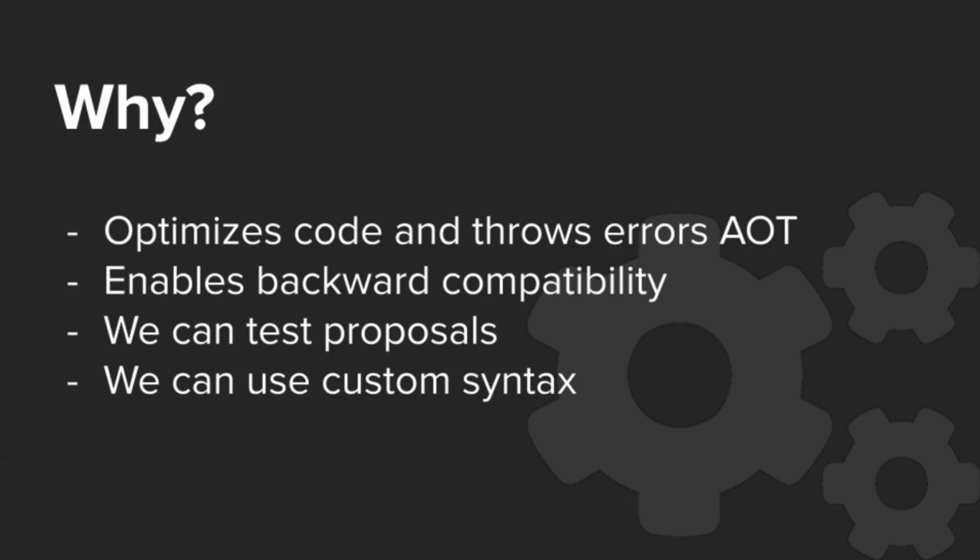Also, it enables backward compatibility. Right now, if I open the browser, let's say I open Chrome DevTools and I try to type arrow functions or async await or generators or whatnot, it will all work. But we don't know what browser the client is going to run.